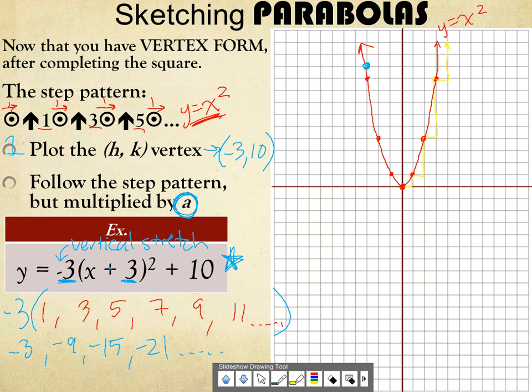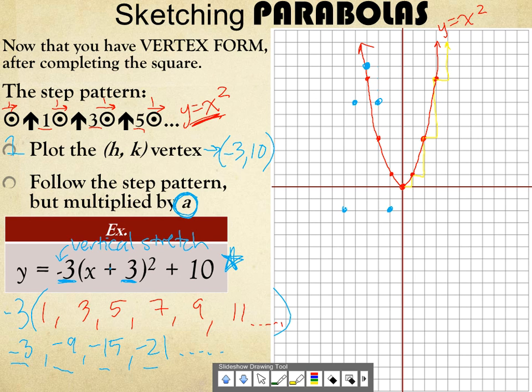Now from this point, we're going to follow our step pattern. That means we're going to go over 1, down 3, because our step is negative, and then over 1 from there, down 9, etc. So from here, over 1, down 3. Over 1, down 9. And then the same on the other side.